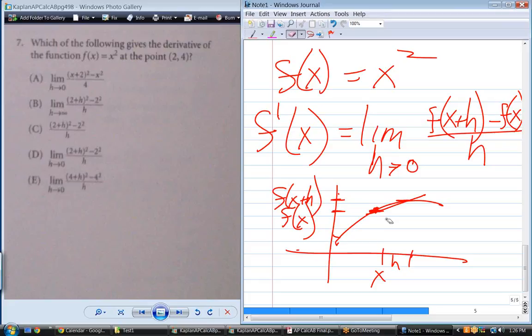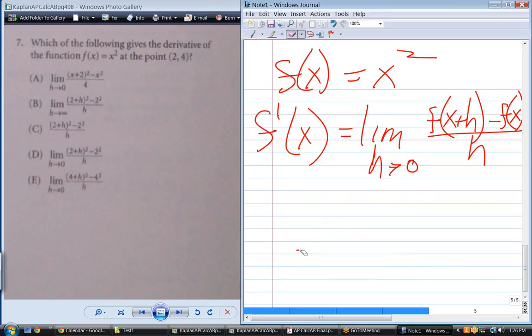Well, you get 0 over 0. That's not very helpful. So that's why the whole concept of limits was invented or discovered, whichever way you look at it, and how we calculate the first derivative, the slope of the tangent line, the instantaneous rate of change.